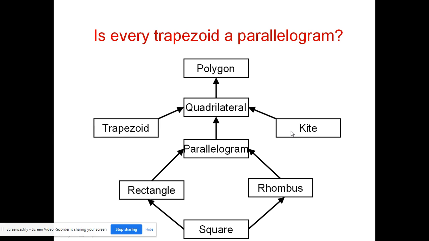The same with a kite. A kite is always a quadrilateral. Kite always has four sides, and it's always a polygon, but it is not a parallelogram. Neither of those on the side, trapezoid nor kite, are parallelograms.